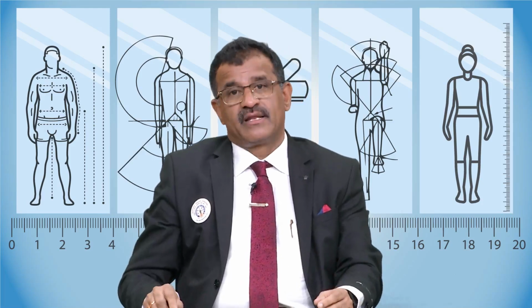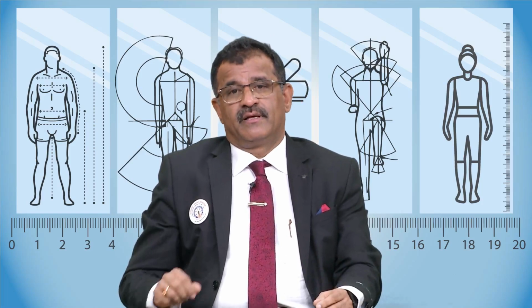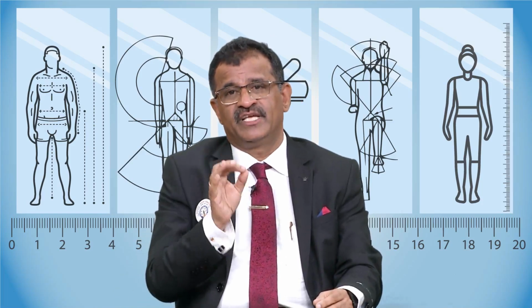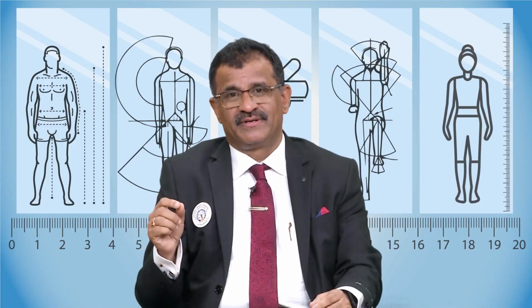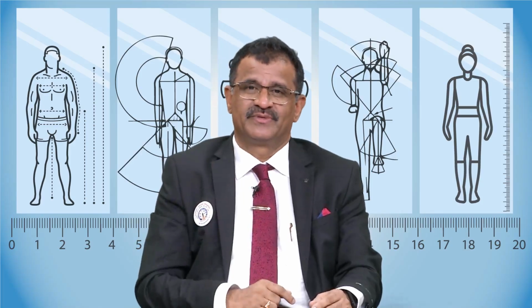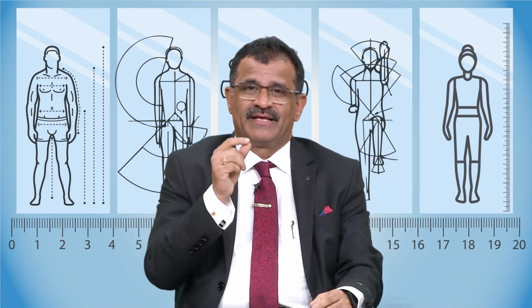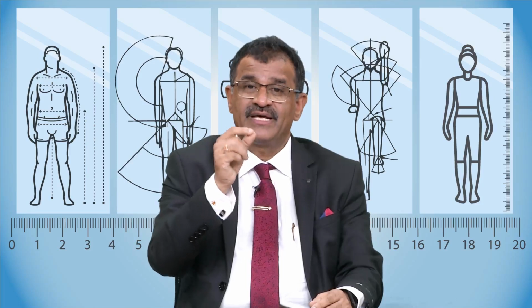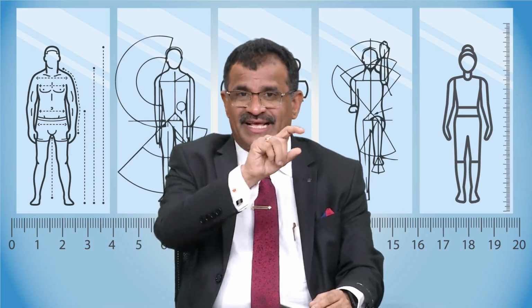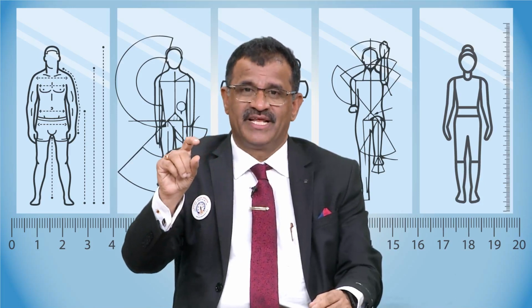Well, now here you can see an image of a child. Children are scared of anything which is new to them, and even of unknown people, though it is non-invasive. The reading is taken on the mid upper arm, where exactly the tape is placed.